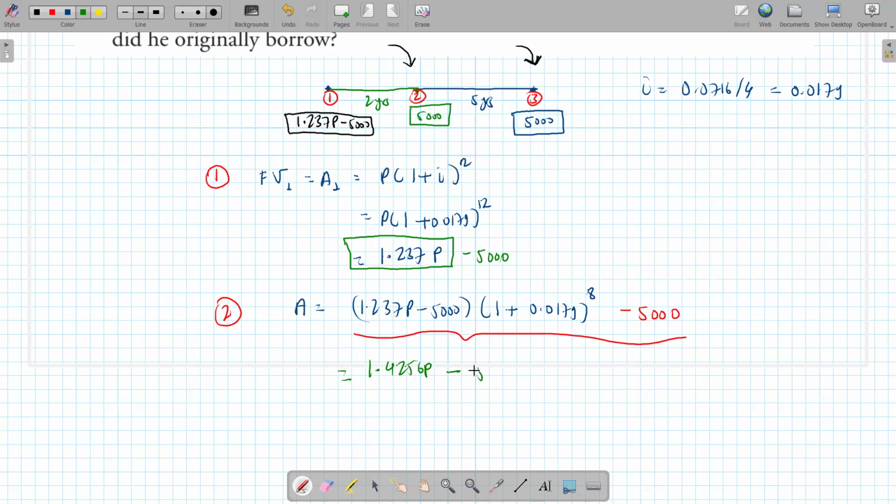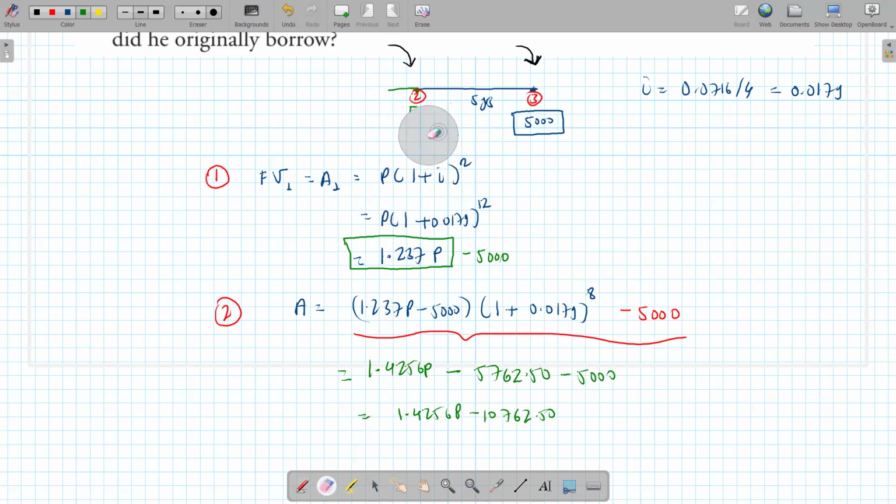So when I open this bracket, I get this number, and then I subtract 5,000 from it. So at that point, our principal is going to be 10762.50. And then we do this one last time. So this is essentially the money that we owe over here.